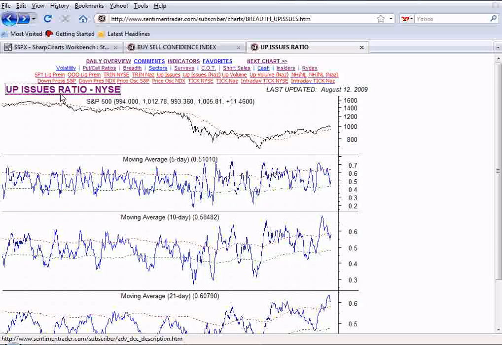This chart is a chart of an up issues ratio. This is a breadth type of measurement. The up issues ratio means basically the percentage of stocks that closed higher out of stocks that either closed up or down on the day. And what to look for at market turning points here is divergence, or a continuing move in the market in one direction with the up issues ratio not confirming that.